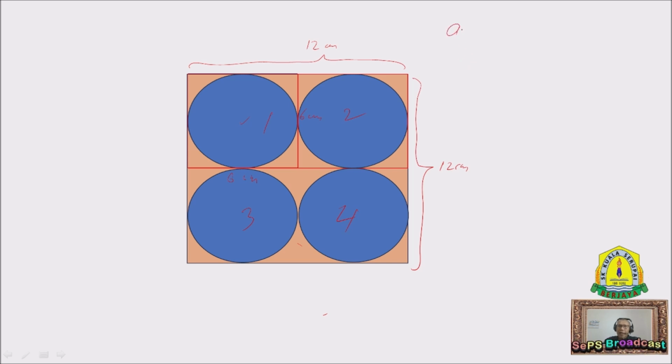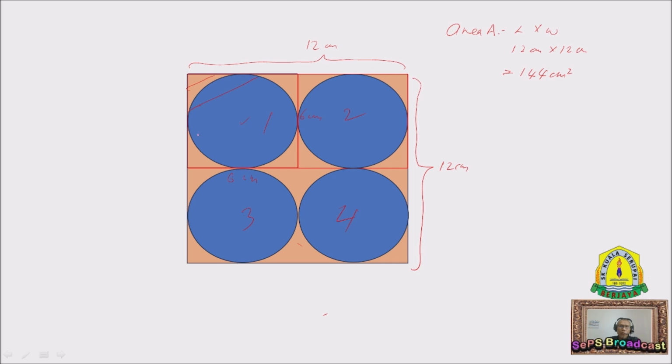The area for A, the whole piece of paper, is length times width, meaning 12 centimeter multiplied by 12 centimeter. You have 144 centimeter square.